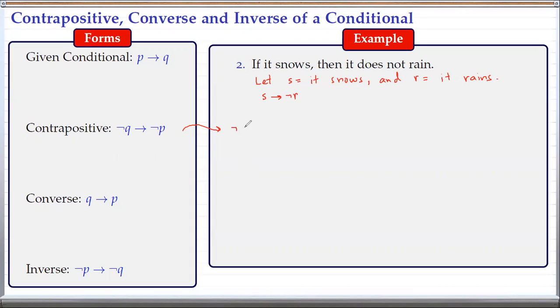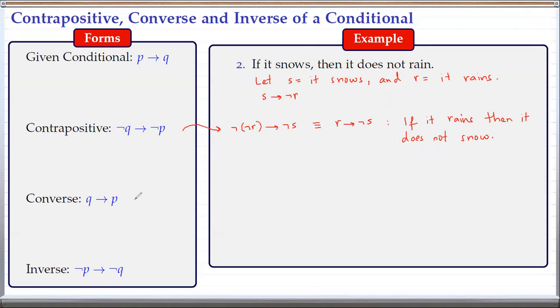So it will become not not R implies not S, which is same as R implies not S. So this we can write as: if it rains, then it does not snow, because we have not S over here. If it rains, it does not snow. This is the contrapositive of the given conditional.